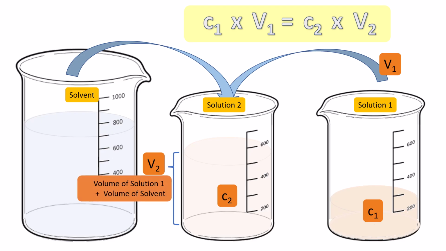V2 consists of the combined volume from solution 1 and the solvent, thus eliminating the need to include a fifth variable in the formula. However, we will see later that there are cases where the volume of the solvent by itself does need more consideration.